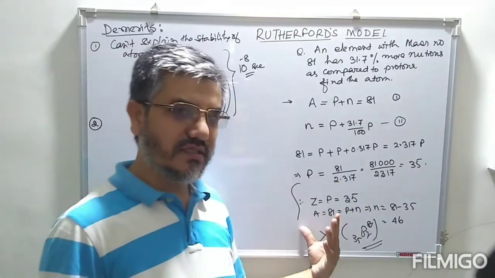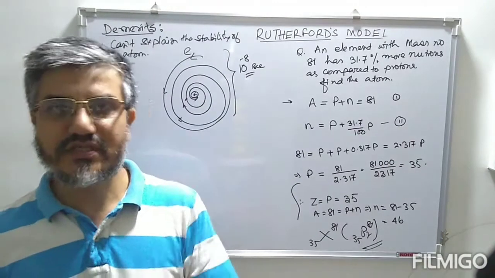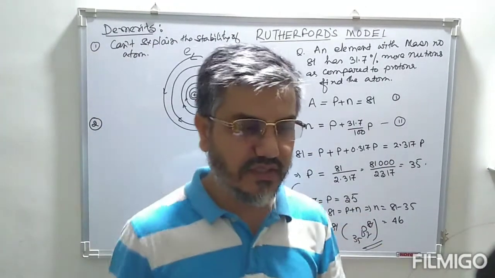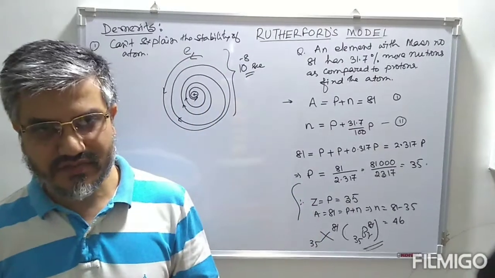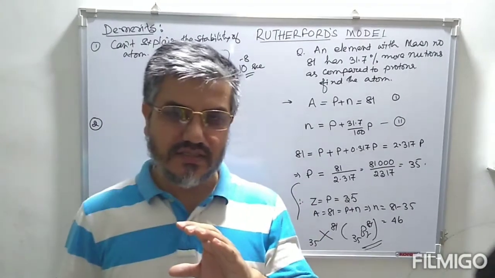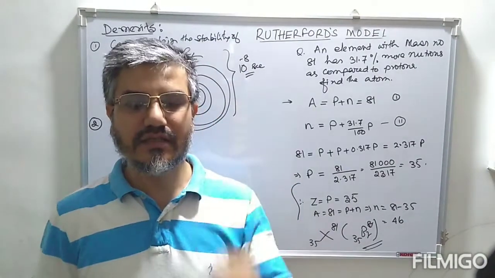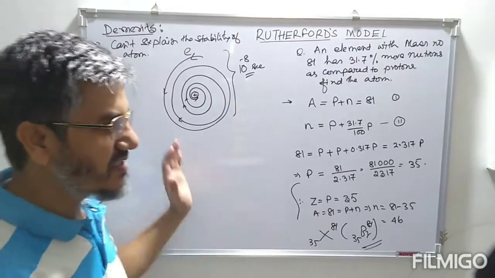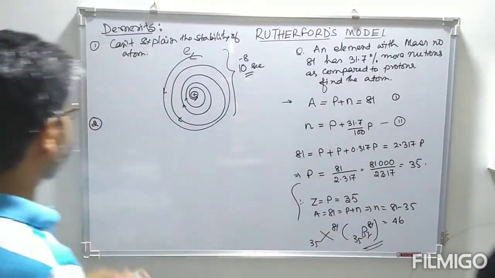So Rutherford's model says that since the electron is emitting energy continuously, the observed spectrum should have been continuous. But the actual spectrum of atoms is discontinuous, containing discrete lines. So the experimental value and the theoretical value do not match.